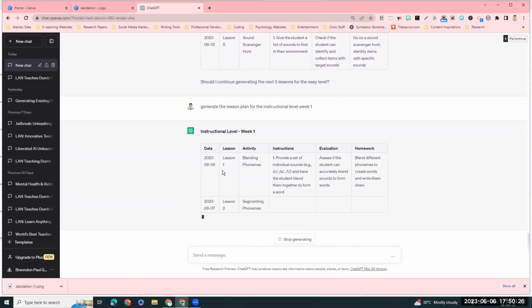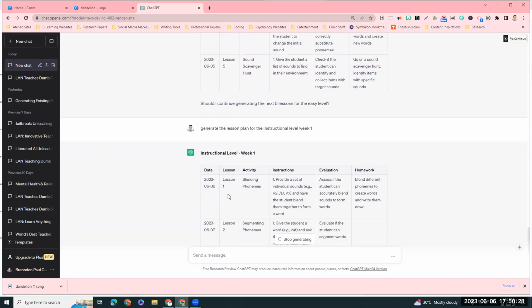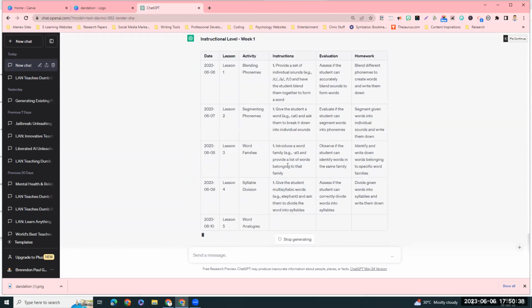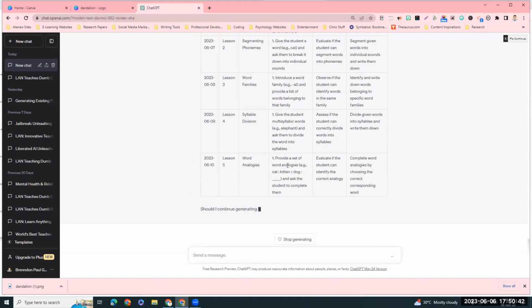As you can see, it started with lesson one. When I tried this out earlier, when I answered yes to this question, it would go to lesson two or lesson number six. So it just wants to go through each level 5 lessons at a time.